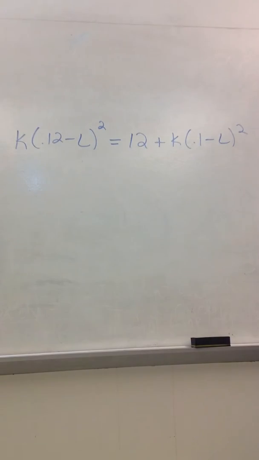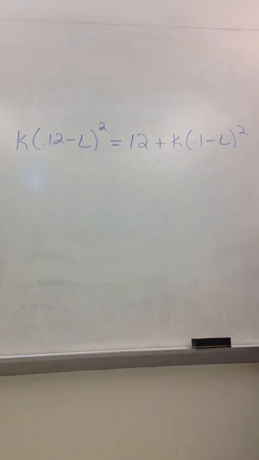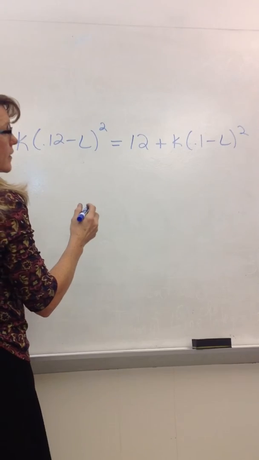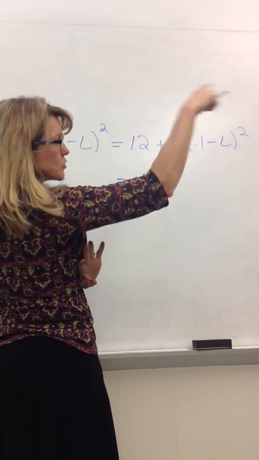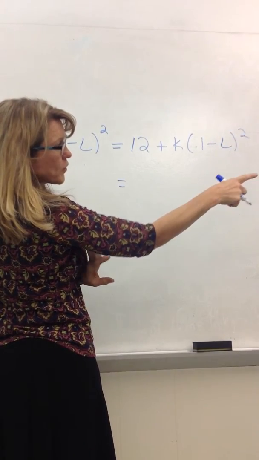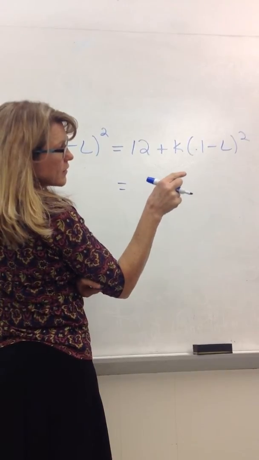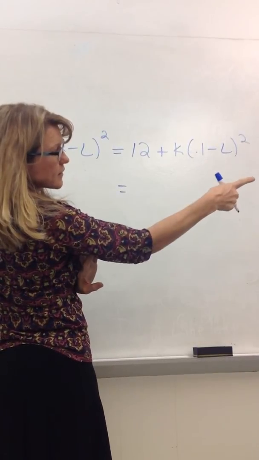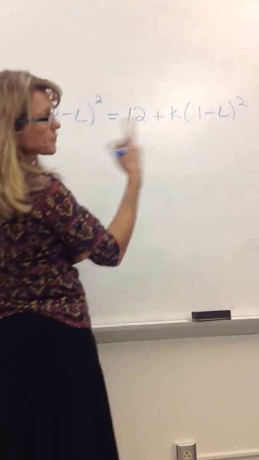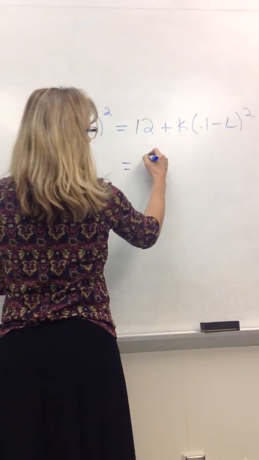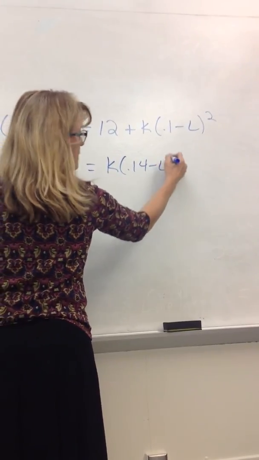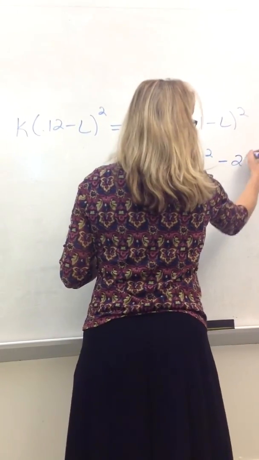Sorry, I recopied. And then if I do the same thing to the bottom one, I have to be a little careful here. If I subtract the one with the k 0.14 minus L squared, then the one with the 0.12 has the negative in it. So I'm going to flip those around. So I will have k times 0.14 minus L squared minus 20.